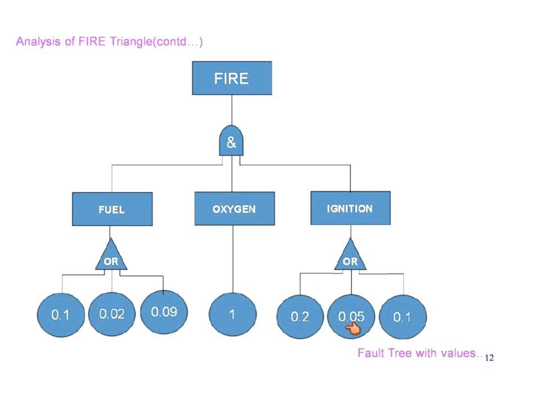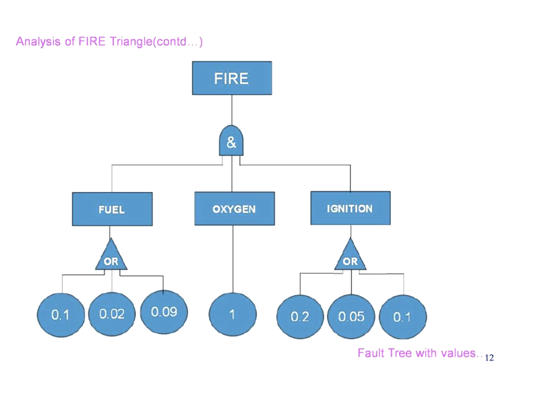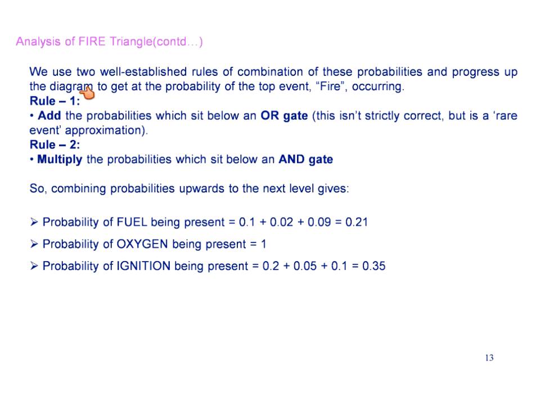This is flame, and this is spark, that is 0.05, and this is misuse, 10%, 0.1. So like this you quantify. Quantify means give the values, which are given in the question. This will be the question to you. From the question, you take the values and put them in the fire triangle. And now, after this, you see what happens.